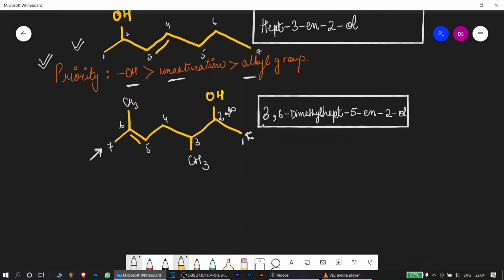Right, so it is 3,6-dimethylhept-5-en-2-ol. Right, so this is how you name the alcohol groups.